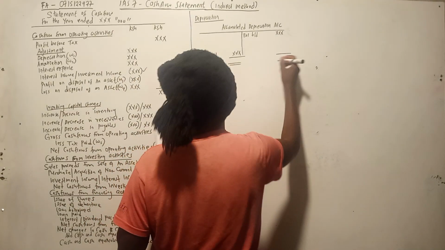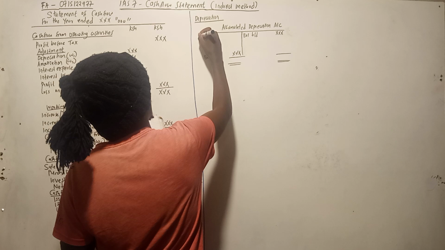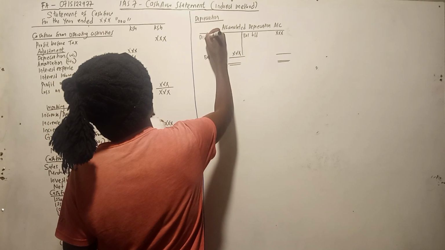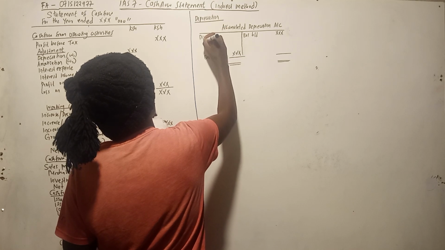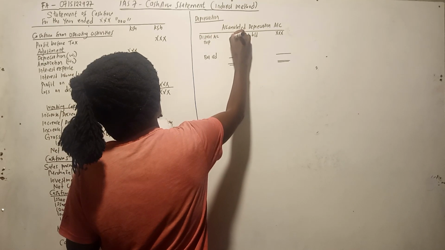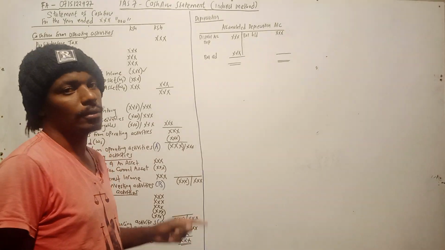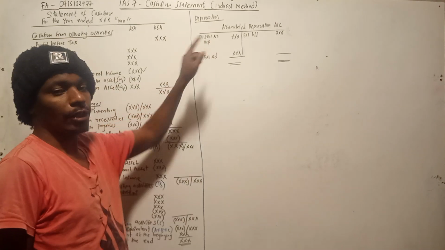Then kuna some items which you need to put inside. For example, disposal accumulated depreciation. If they disposed an asset, the accumulated depreciation of that asset is supposed to be debited in the accumulated depreciation account.